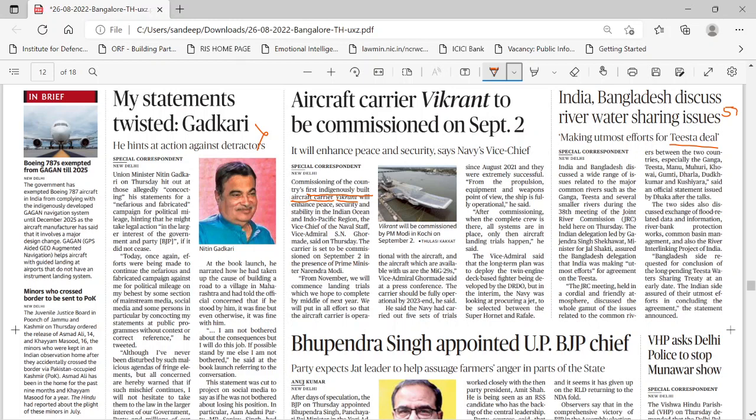So, India Bangladesh relations, you can just make a separate note and say that there is a joint river commission. I'll repeat, there is a joint river commission to deal with rivers which pass between India and Bangladesh.